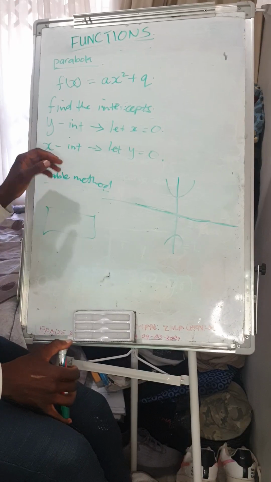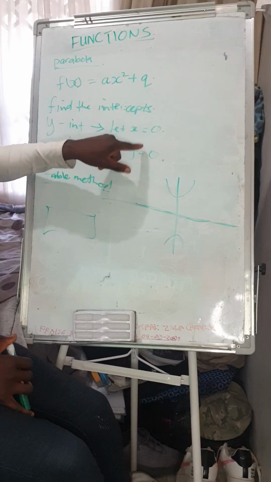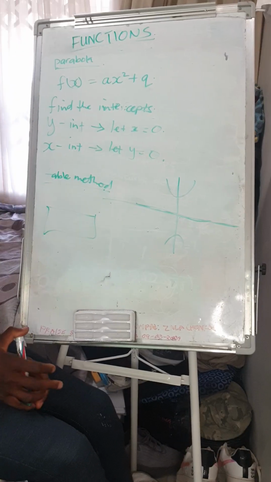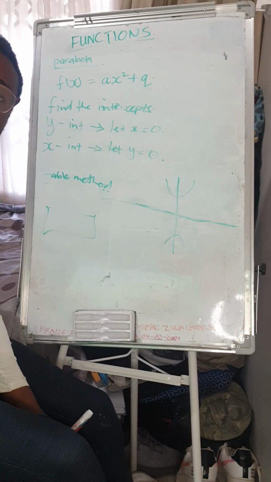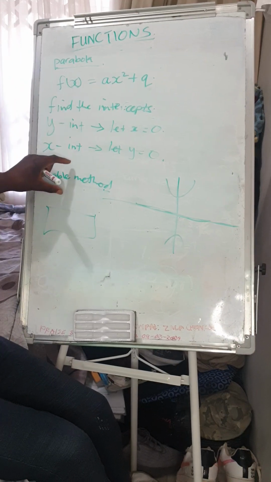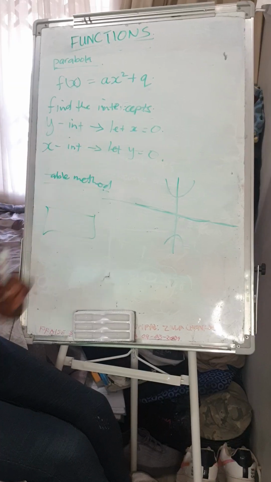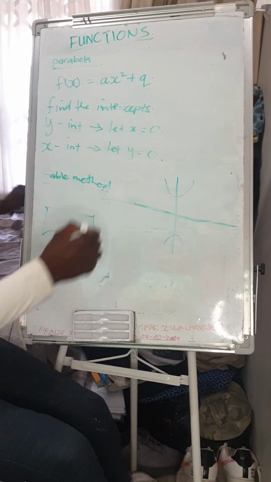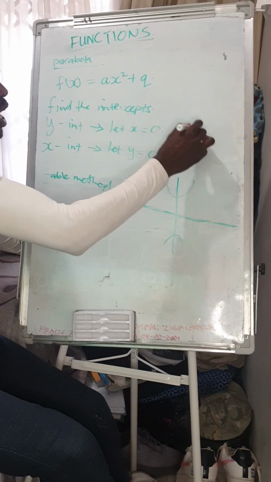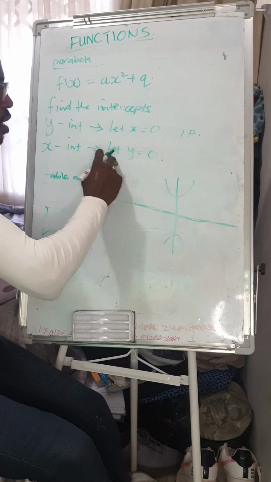Now, if you have found the intercepts, the x-intercepts and y-intercepts, before the table method, if they are there, now join. This one probably becomes a TP, like I said earlier, and these are in opposite directions with the same value.